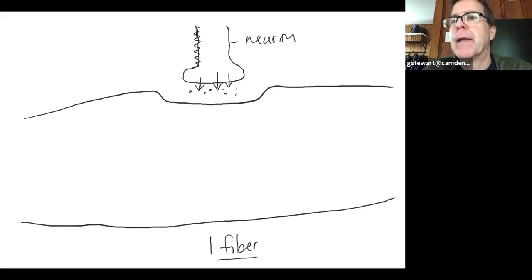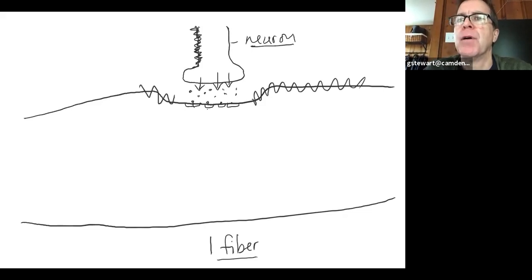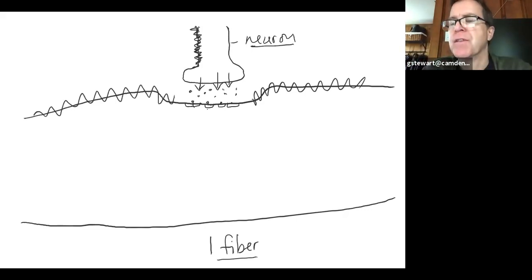That chemical binds to receptors on this area of the muscle fiber cell. So what a nerve cell does when it, quote, fires an electrical impulse, is release chemicals. That chemical binds to the surface of the muscle fiber cell, causing the muscle fiber cell to generate its own electrical impulse along the surface of the cell.